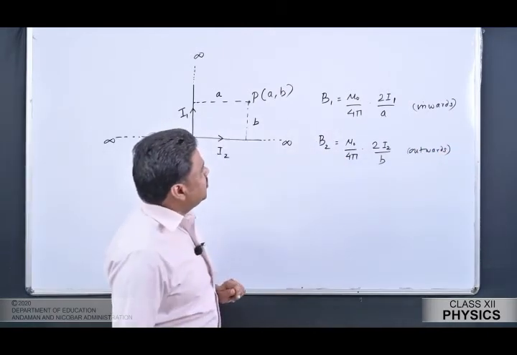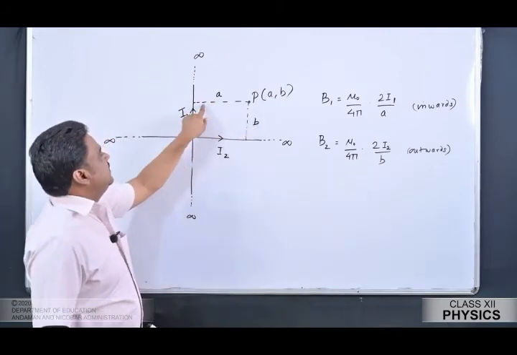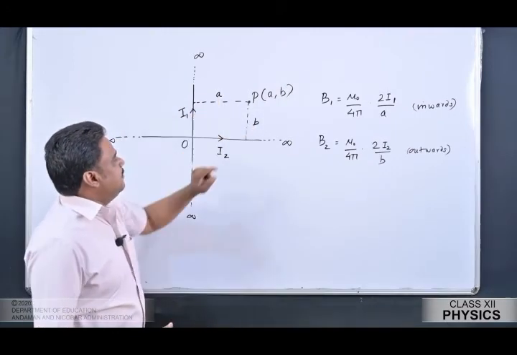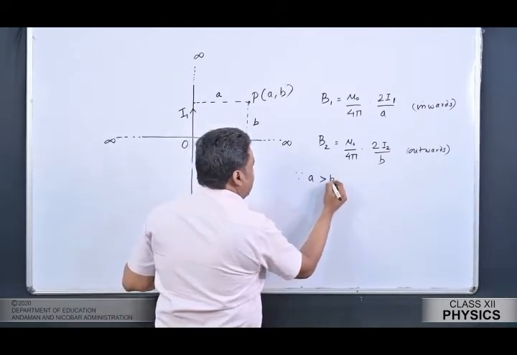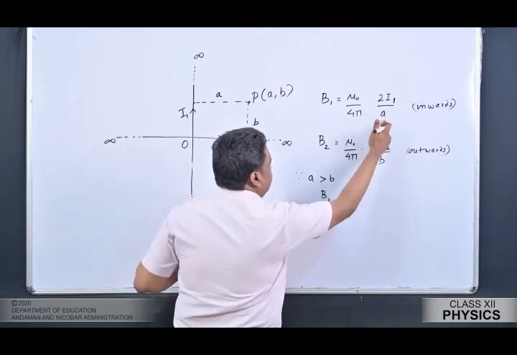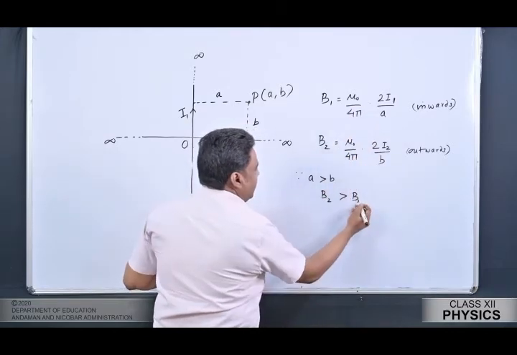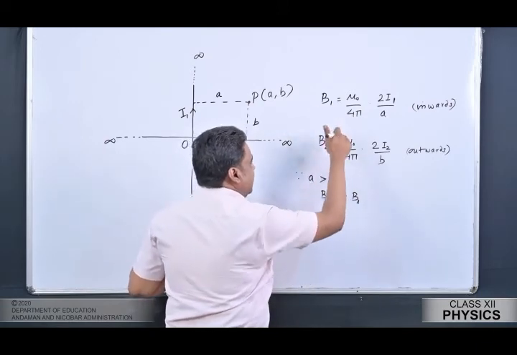Now, magnitude wise, you can see which will be greater. Since the value of A is greater than B, B2 is greater than B1. Since they are reciprocally related, if A is greater than B, this means B2 should be greater than B1.